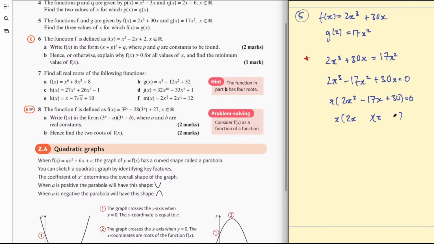So if we multiply 2 by 10 and then subtract, so that's a negative 20 and plus 3, that will make negative 17. But then we have a positive 30, so that actually does not work because we need a negative 30.